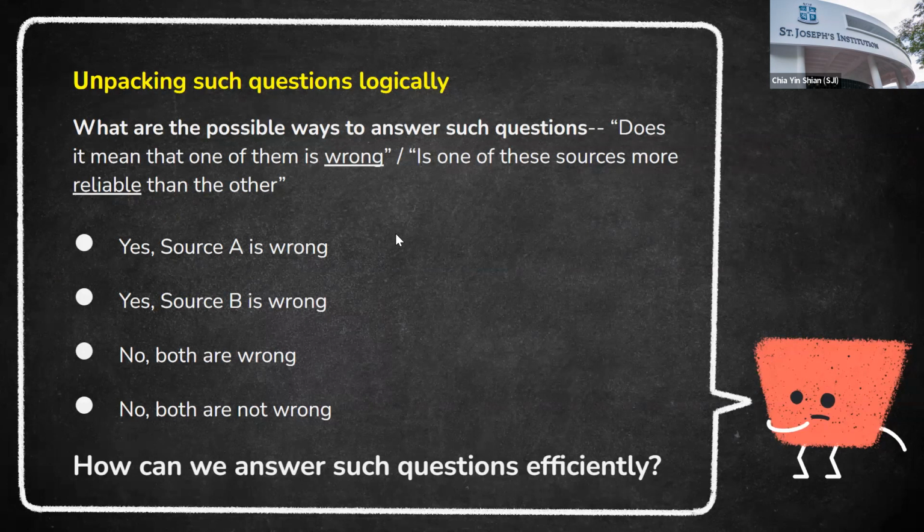That will be your first paragraph. After that, say that B is not wrong because there is a claim that is established in source B. And this claim is not wrong as it is supported by another source or contextual knowledge. That would be your second paragraph.